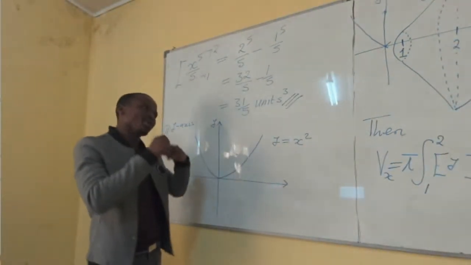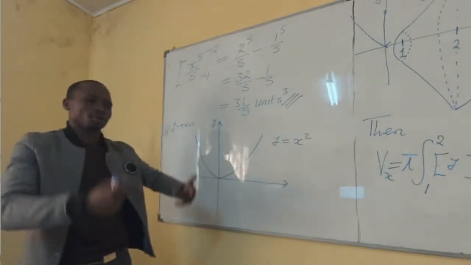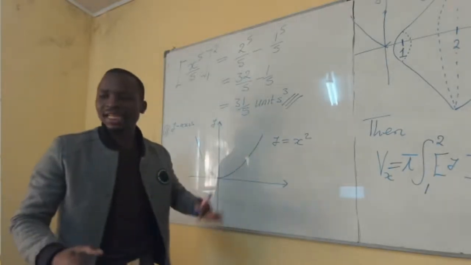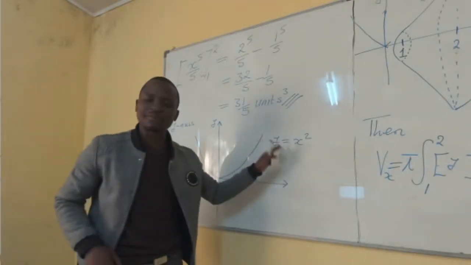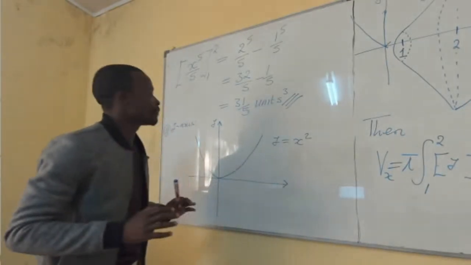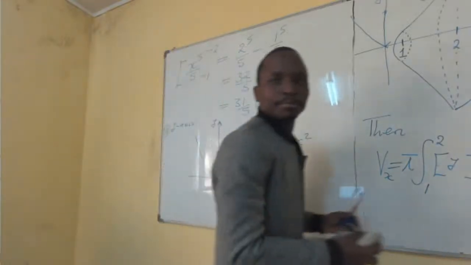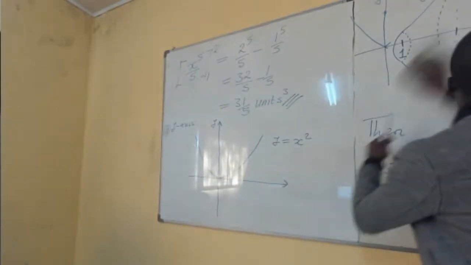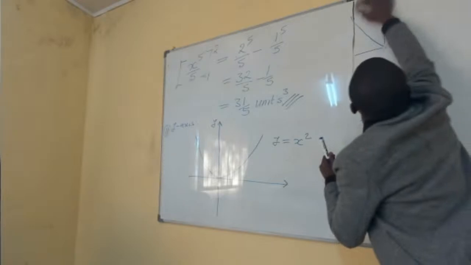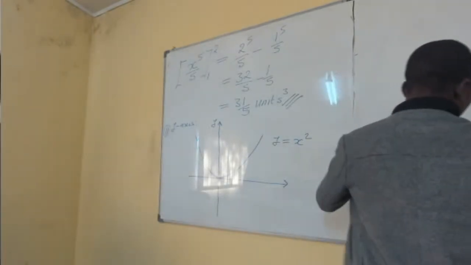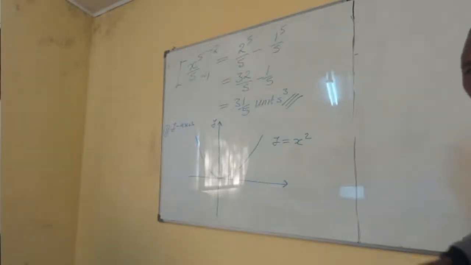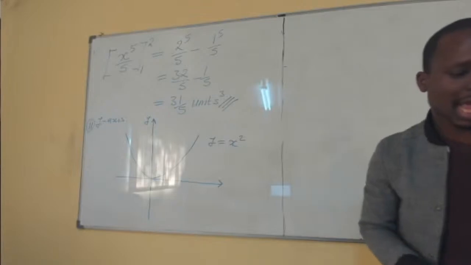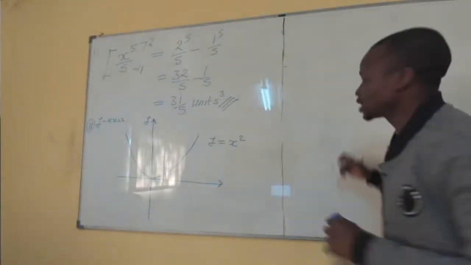Now let's look at what happens. We are finding the volume of revolution of this portion of the curve.